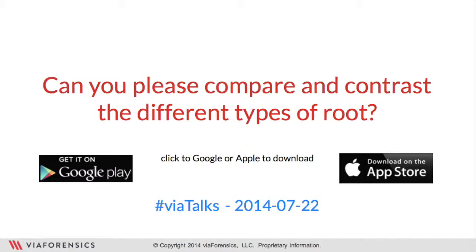SU, or super user, is something where you have to root the device, then put super user in the system location, which is protected. So usually you're going to have to remount your system partition on your Android device, make it writable, put that super user binary into, I think it's system xbin is the location, then remount your system partition as read-only.